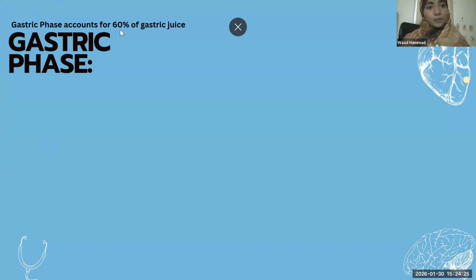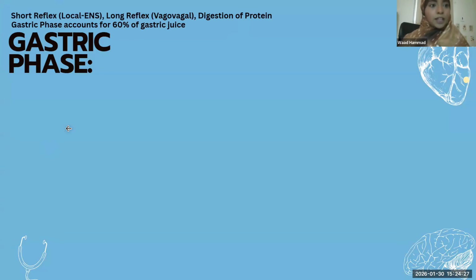We have three mechanisms by which we release gastric juice in our gastric phase. We have the short reflex, which is also known as local or ENS. ENS stands for enteric nervous system. I think you guys already took it, but it's like your own mini nervous system in your stomach, completely independent from the rest of the nervous system. It controls the stomach locally, just there.